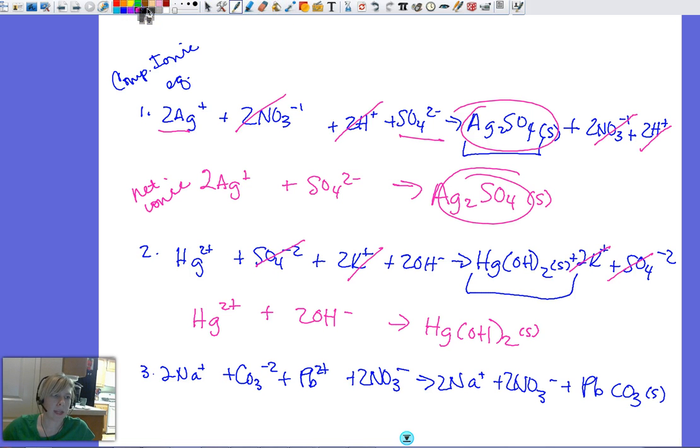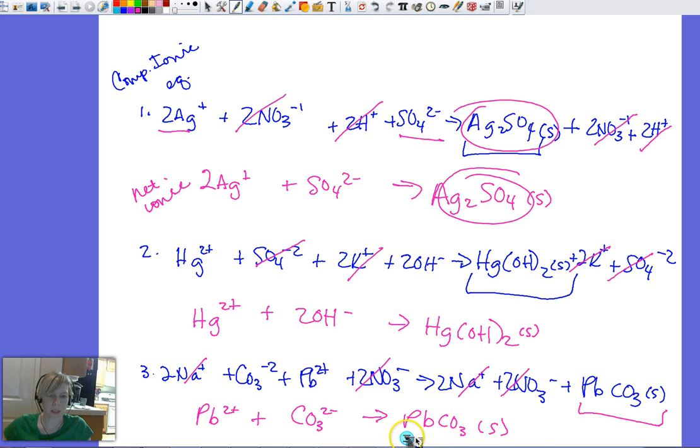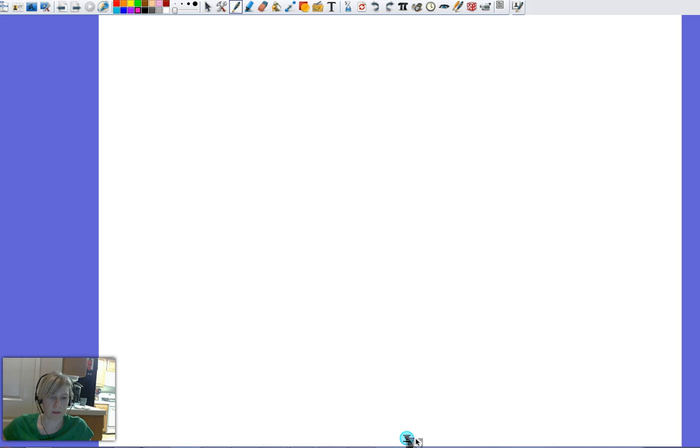And I'm going to do the net ionic equation, so we only care about the things that form that. So I can cross out the sodium and the nitrate, and my net ionic is going to be Pb2 plus CO3 2 minus gives me PbCO3 solid. So that was our complete ionic equations and our net ionic equations.